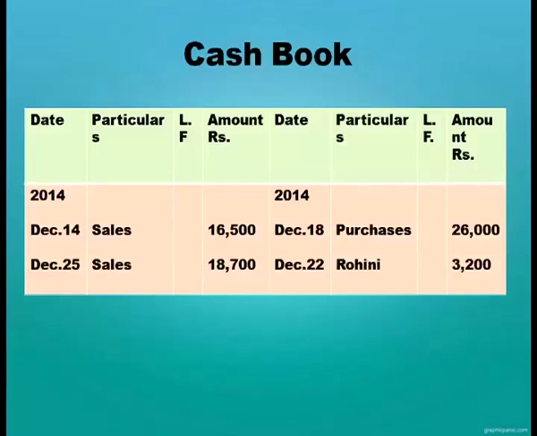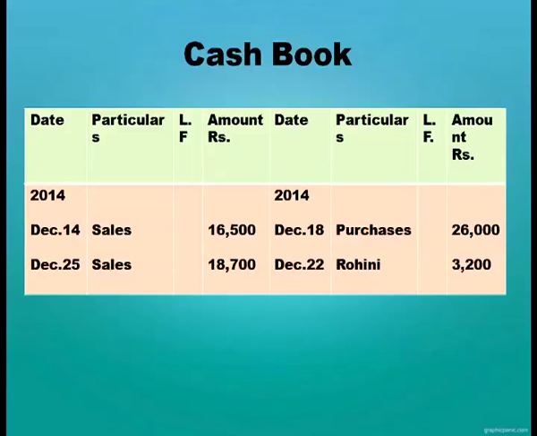Let us see how this comes in the cash book. On December 14th, cash sales were made. Cash account debit to sales. That is a receipt of money. As a result of sales, cash is coming into the business, so cash account debit to sales. In the cash book you post it on the debit side. Then, December 18, purchased goods for cash.